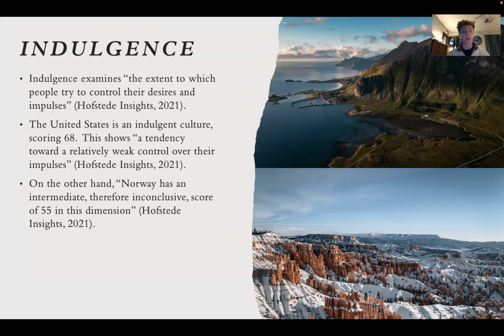Norway is a bit higher than the average there, but definitely a bit more inconclusive. And so this is super important for MNCs, and they definitely use it to their advantage. American marketing focuses in on cravings, impulses, that impulse buy, let me hit you with this advertisement.